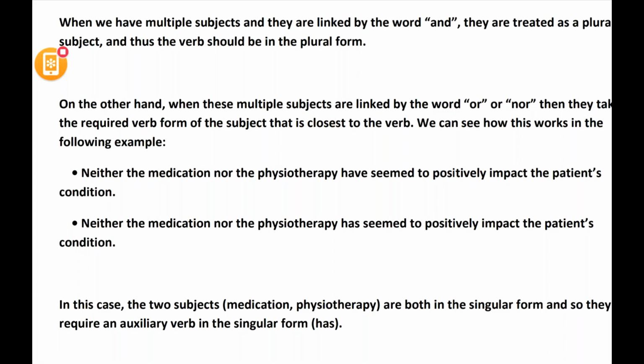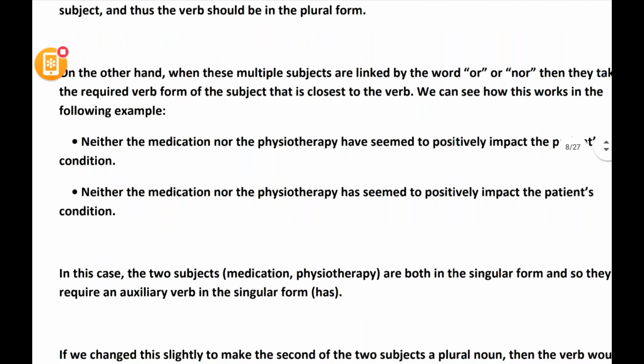You will use has because both are singular. And it is written nor. When the word nor or or is between these two subjects, it will be considered as one singular. So I will use has, not have. Please remember that. Very common mistake. Clear?